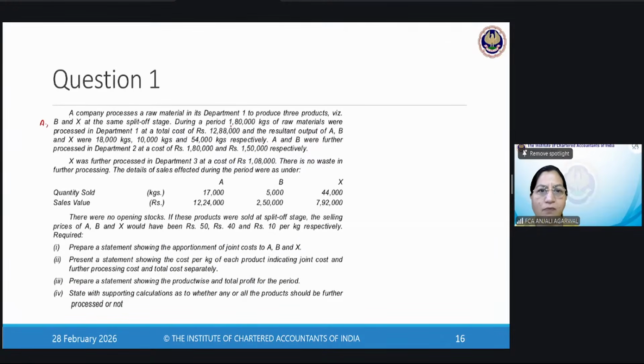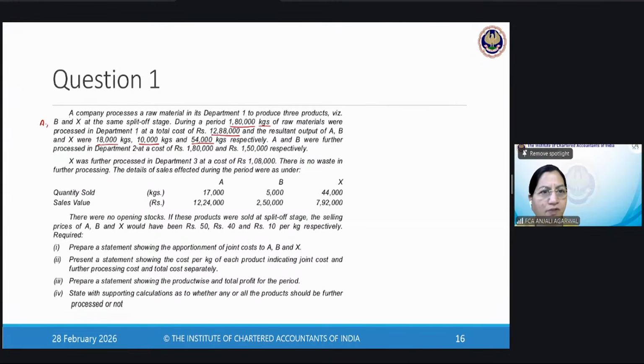During a period, 180,000 kgs of raw material were processed in Department 1 at a total cost of 12,88,000 rupees, and the resultant output of A, B, and X were 18,000 kgs, 10,000 kgs, and 54,000 kgs. So 180,000 kgs is processed, but the output is only 82,000 kgs. So the rest, we may assume, must have been lost in the process.